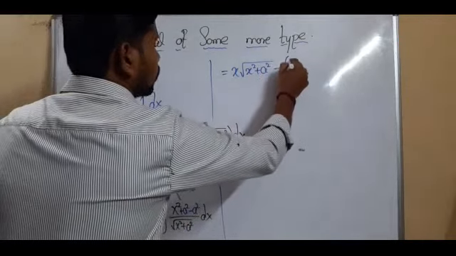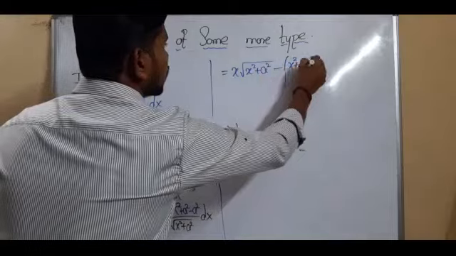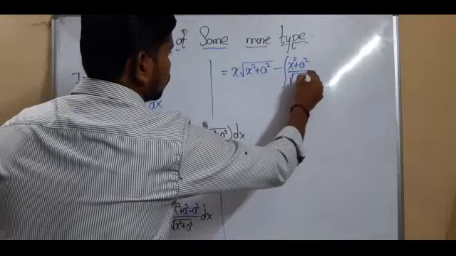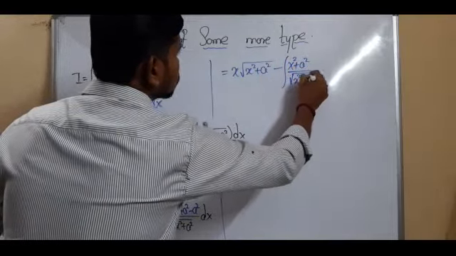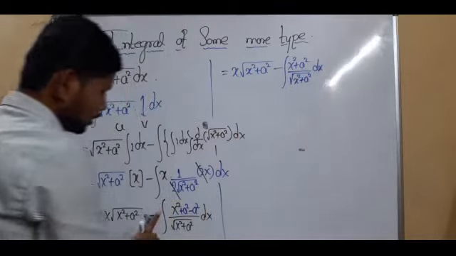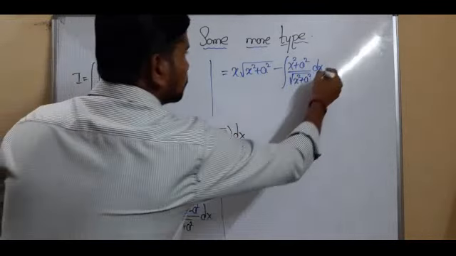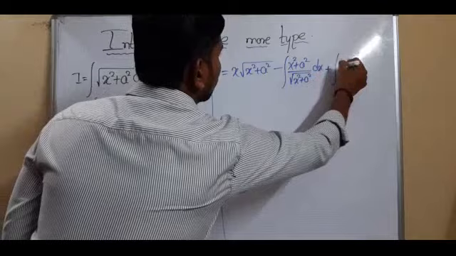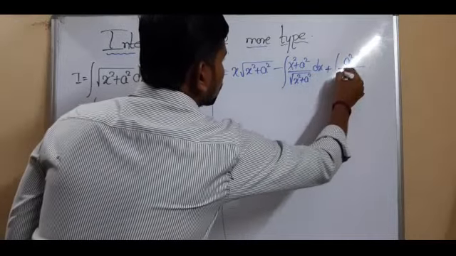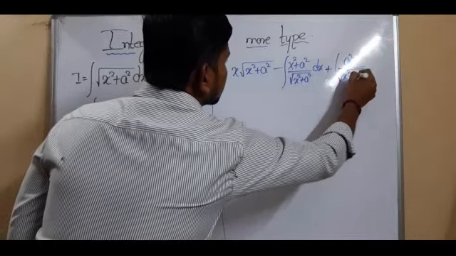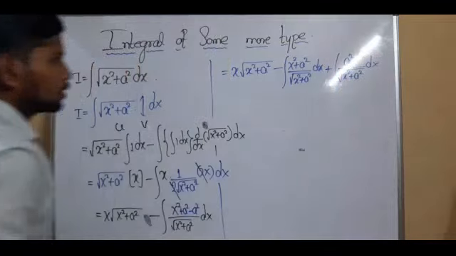It is the integral of x square plus a square divided by square root of x square plus a square into dx. The minus into minus will be plus the integral of a square divided by square root of x square plus a square into dx. Got it?